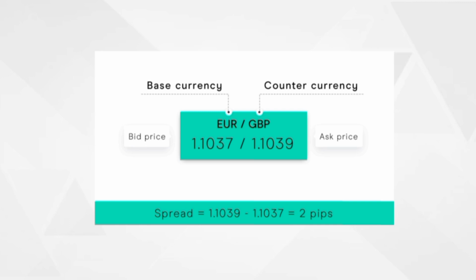Always go for a very low spread. That's why, as I said earlier, the market session also influences the spread. That's why the best time to always trade is between the New York session and the London session.